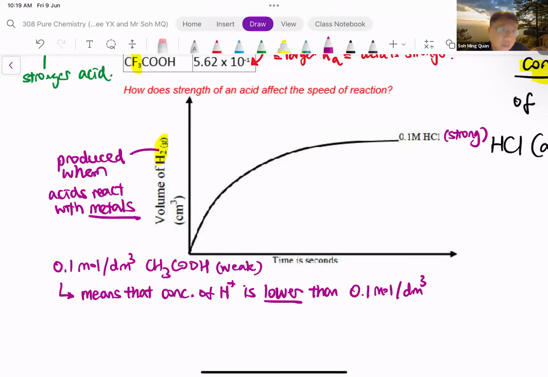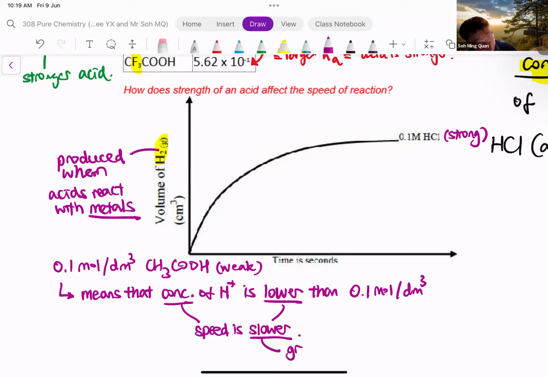And we have learned, right? Lower concentration means speed is slower, because speed of reaction is affected by concentration of the reactant. In this case, the reactant is acid, H plus. So if the concentration of H plus is lower, the speed is slower.